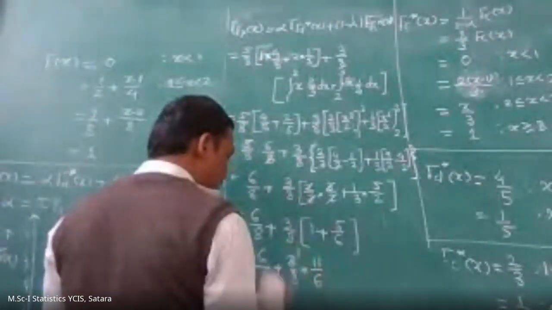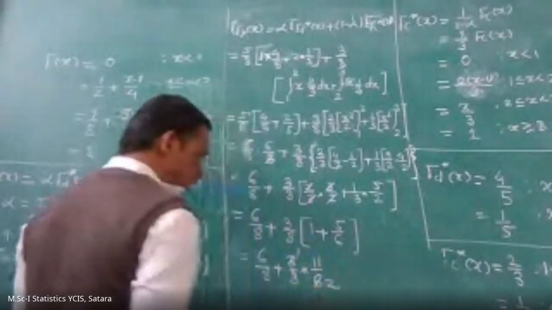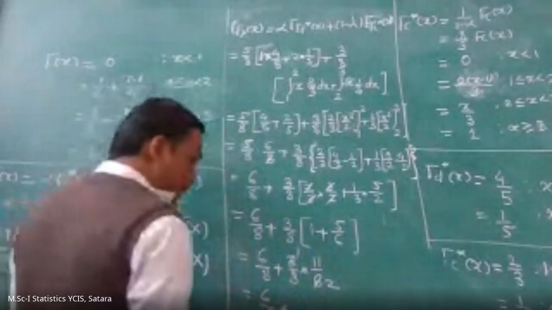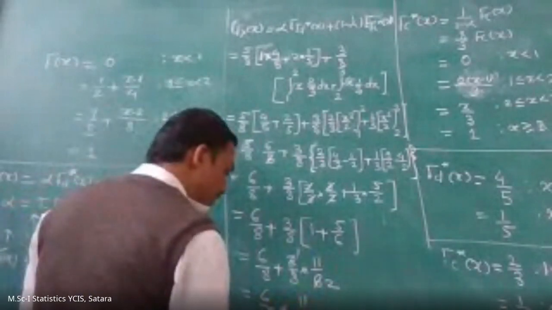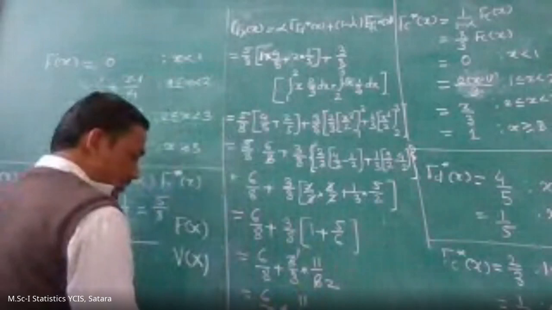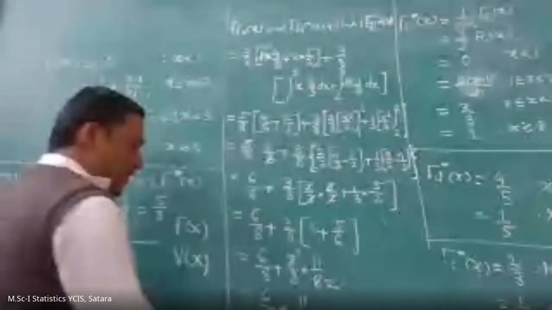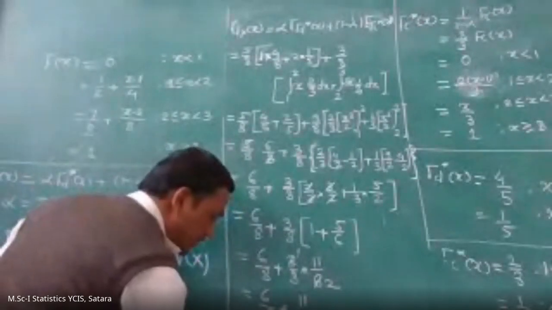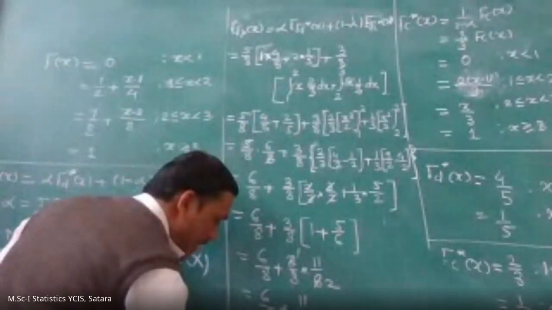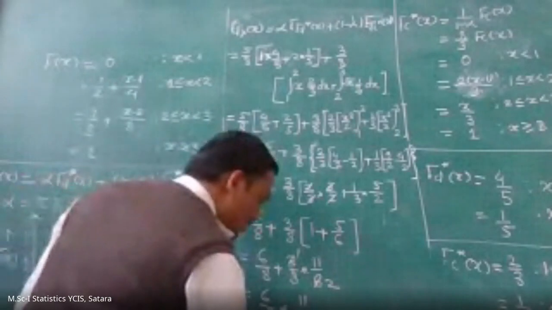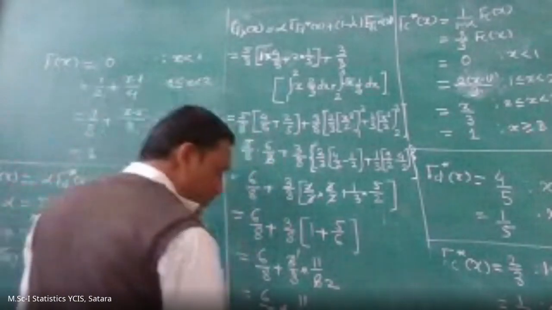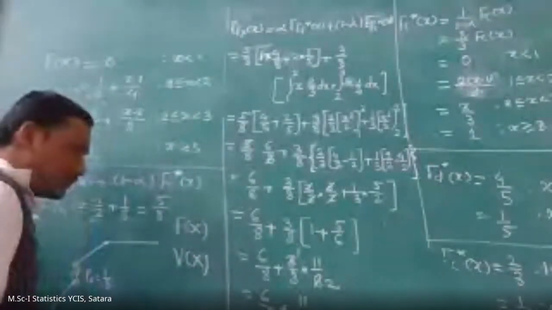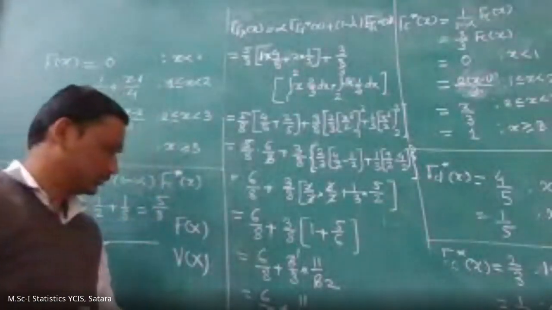So 3 ones are 3, 3 twos are 6. So 6 by 8 plus 11 divided by 16. Making the denominator the same, that is 12 plus 11 divided by 16, which is equal to 23 by 16. Okay.